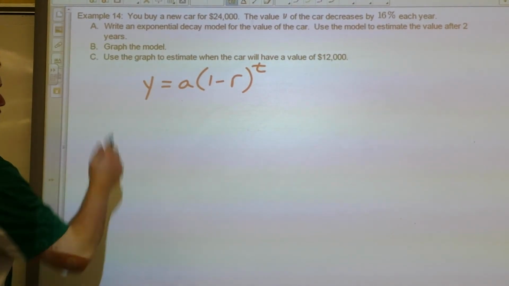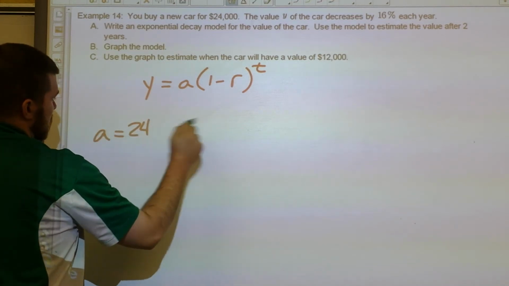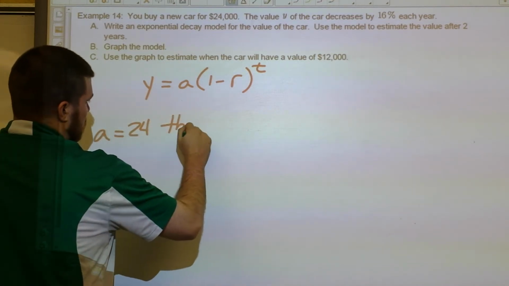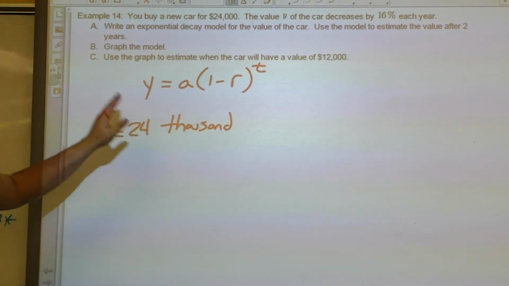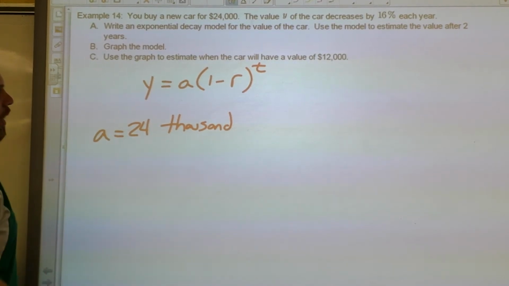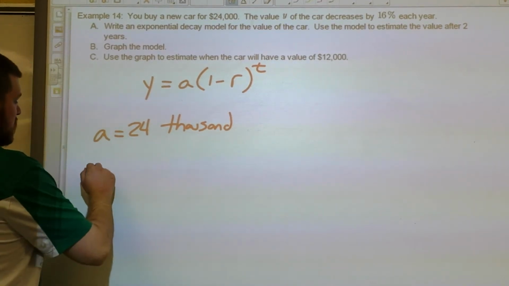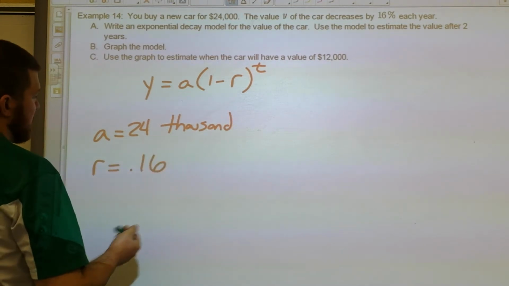Our a is our starting amount of stuff. In this case, 24,000. Instead of doing the whole number, I'm going to just pay attention to my units. Very important. r was 16%, so as a decimal, that's 0.16. And t is just going to be left alone.